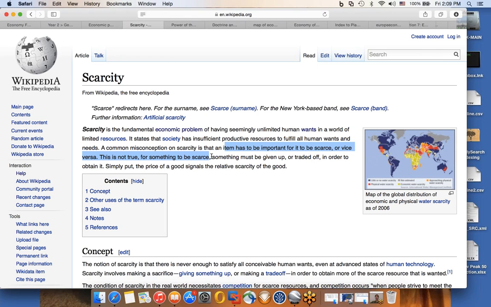For something to be scarce, something must be given up or traded off in order to obtain it. There are many things that are not necessarily important, but because they are scarce, we are willing to give up something in order to obtain them.